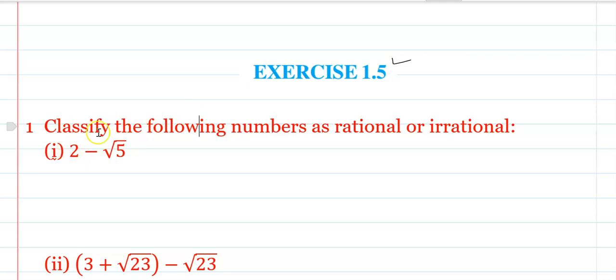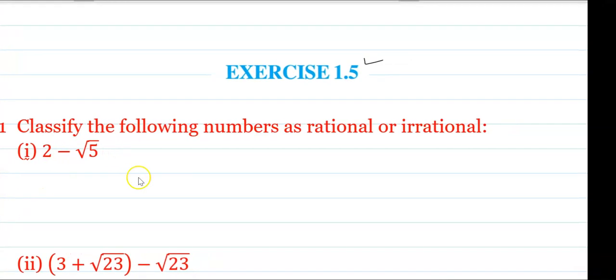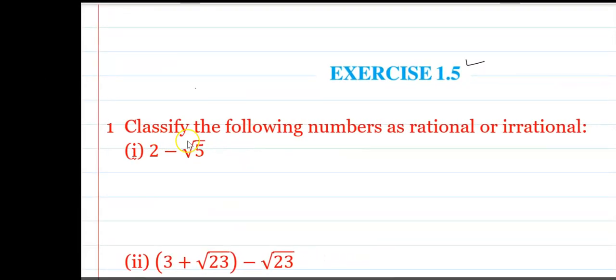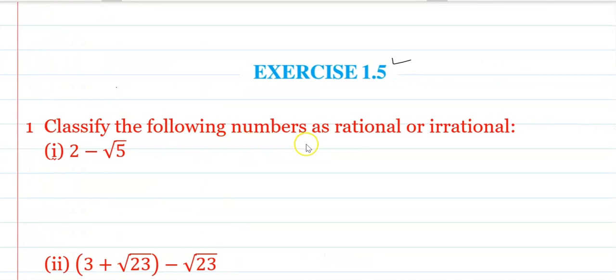Let us start exercise 1.5. First question: classify the following numbers as rational or irrational. The first one is 2 minus root of 5.